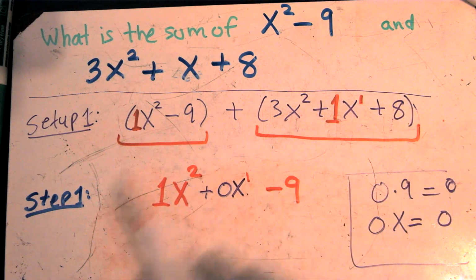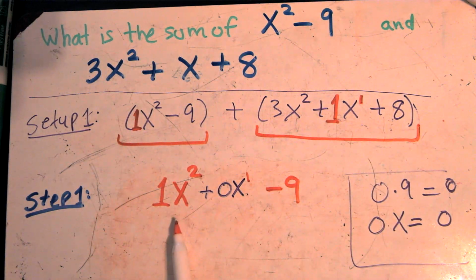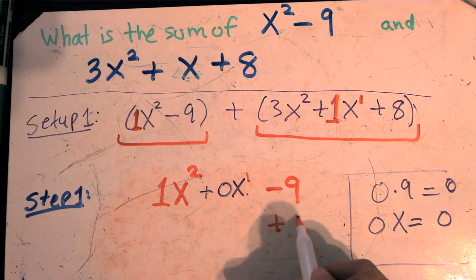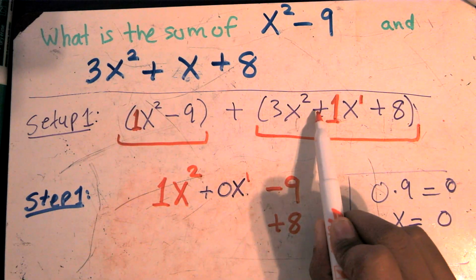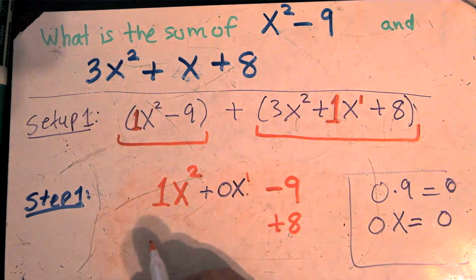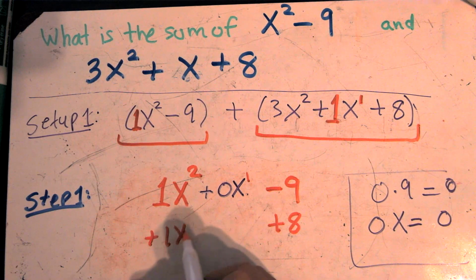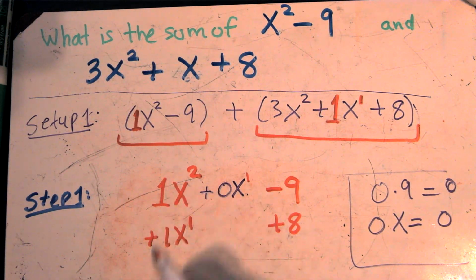So if we work backwards, we have a plus 8. The 8 is not going to go underneath these columns. It's only going to go underneath the number because numbers are like terms. Then I'm going to bring down the plus 1x. I'm not going to bring the plus 1x here because they are not like terms.